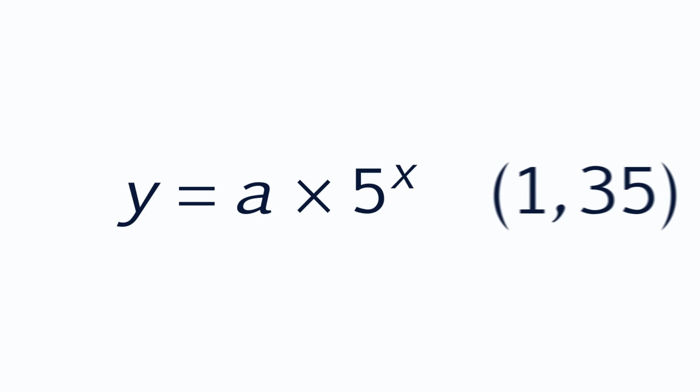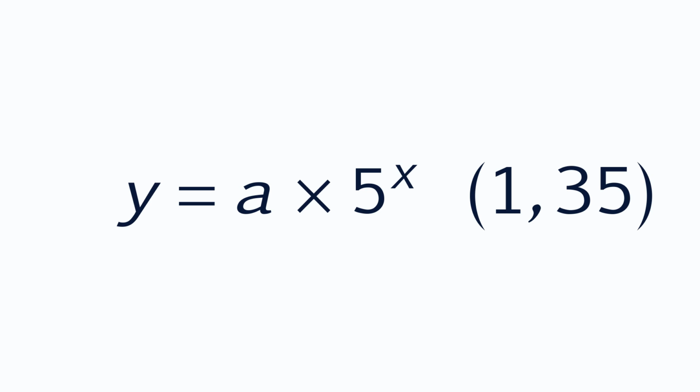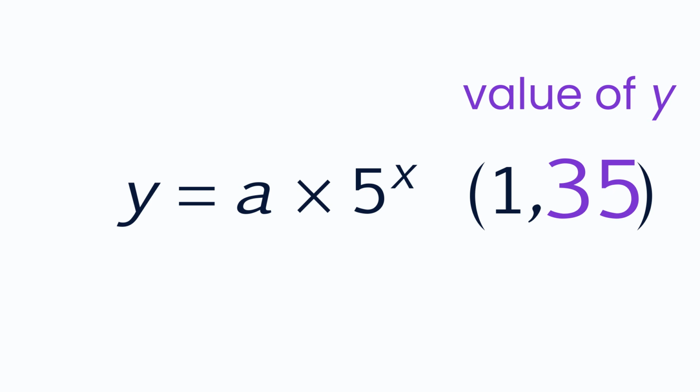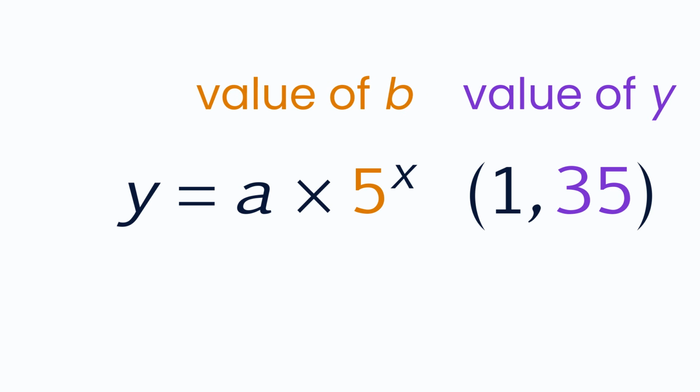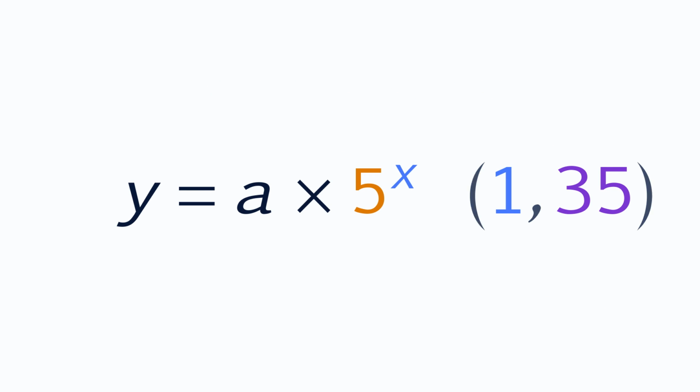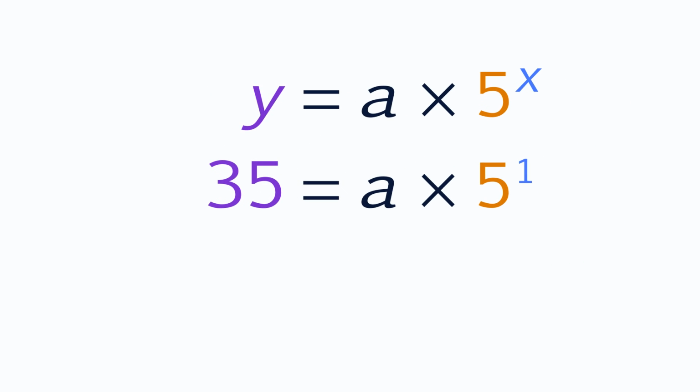From the information you have, you get that y is equal to 35, b is equal to 5, and finally, x is equal to 1. Inserting these values in the equation, you get 35 equals a times 5 to the first power.